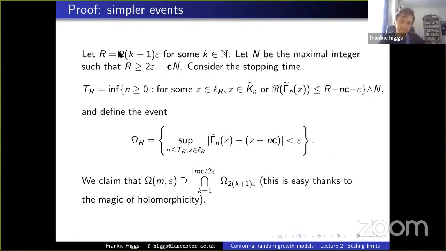So we're going to pick our r's to be distance 2 epsilon apart, epsilon being our small error. So for a fixed r, we're going to define n. Well, it's the maximal integer so that this holds. But if you think that applying one of these G tilde maps moves everything to the left by, well, if we did converge to a circle, it would be moving everything to the left by exactly c.